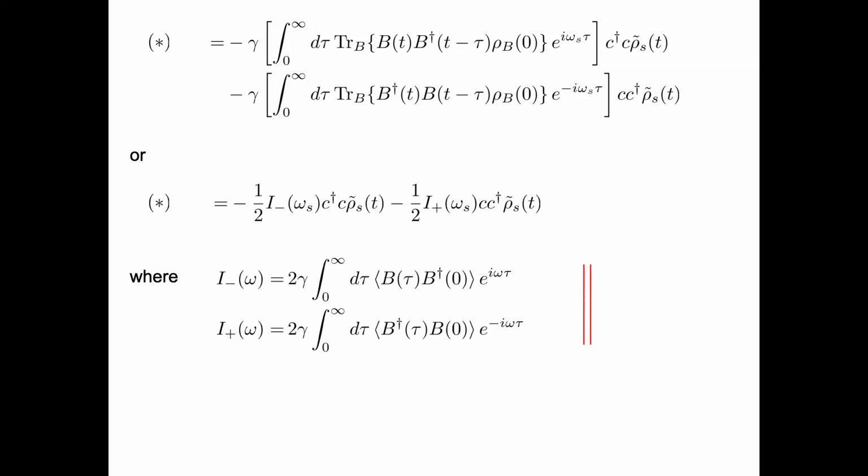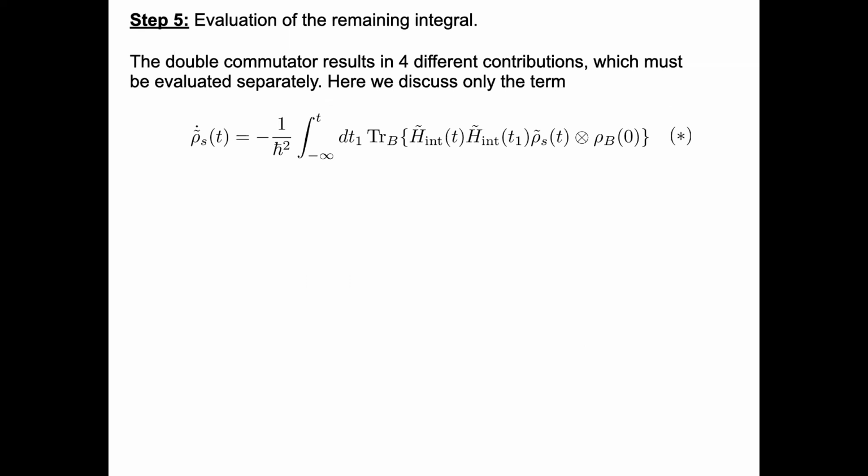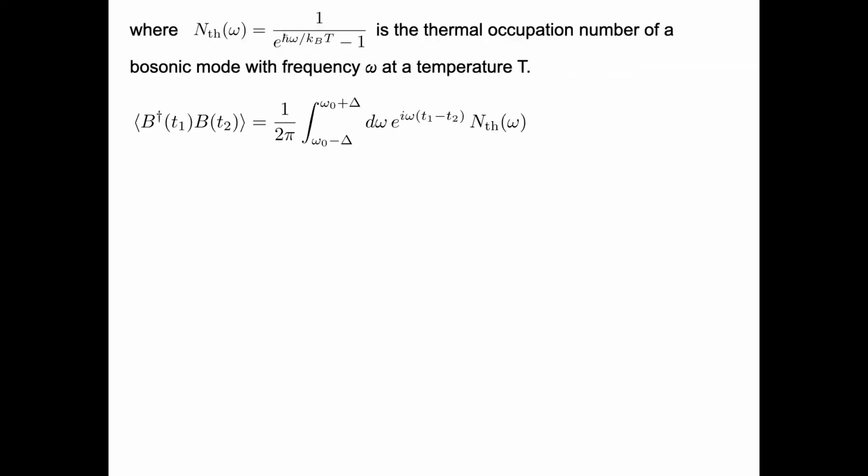So why did we do all these things? In the correlation functions of the b operators we had this delta function, but if you are accurate, we also pulled out a common frequency in front.